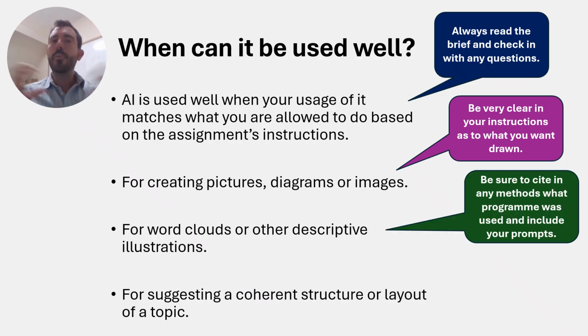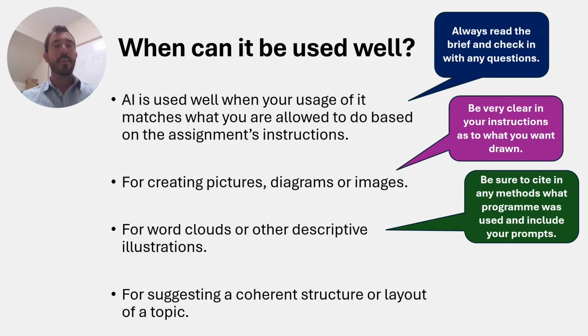So, if you use AI for this type of data analysis, be sure to cite it in the methods, where you would tell the reader, this is the program used, this is what I asked it to do, and this is the content that was generated. Don't just pass off the word cloud as your own work.